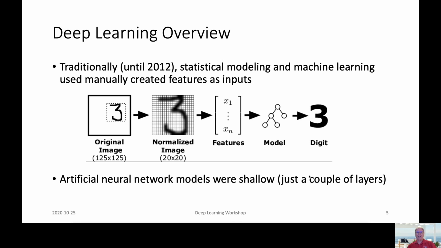Traditionally, prior to 2010, 2012, machine learning people working in that area had to engineer the features. So if you had an image with a character 3 in it, you would have to extract features such as a vertical line at the top, a vertical line on the side, and a horizontal line at the top and one on the bottom for this 3.